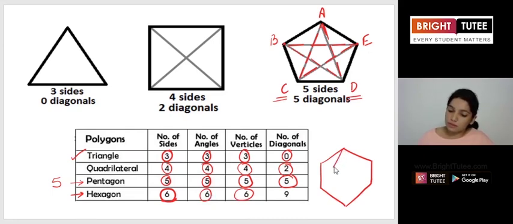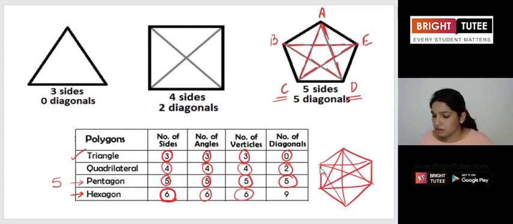So here, starting from this point, we have 1, 2, 3, 4, 5, 6, then 7, 8, and do I have another one? Yes, 9. So we have a total of 9 diagonals in a hexagon. Make sure that when you try to draw this, you use a ruler and pencil in order to have straight lines and a clear image.